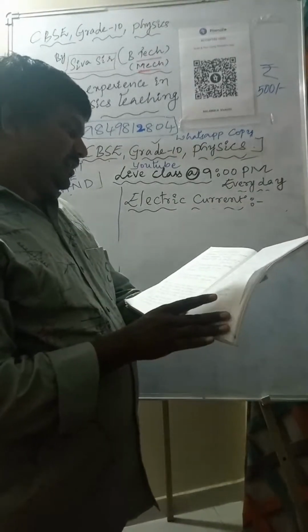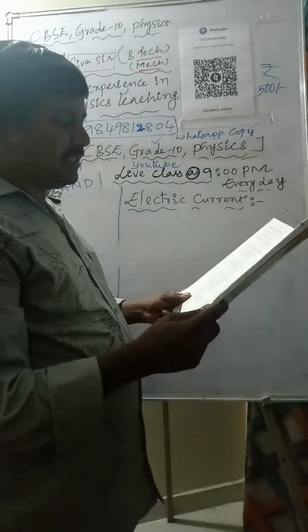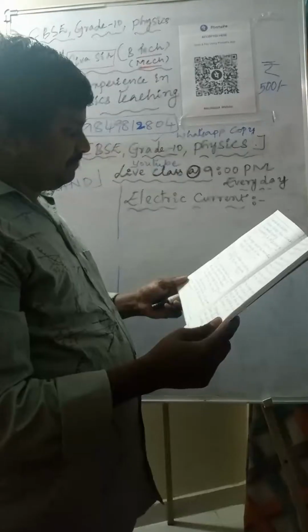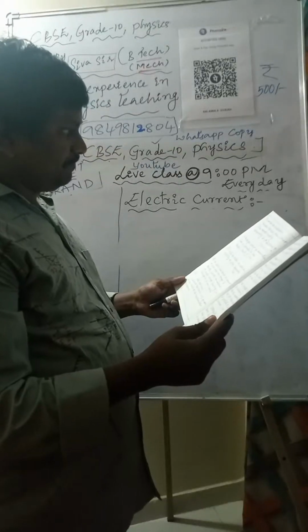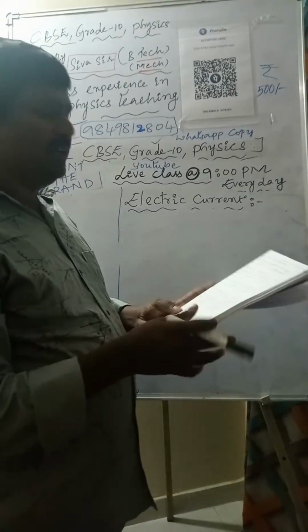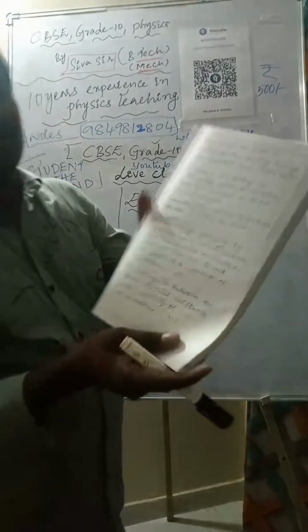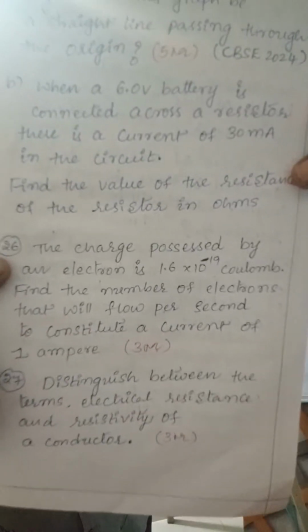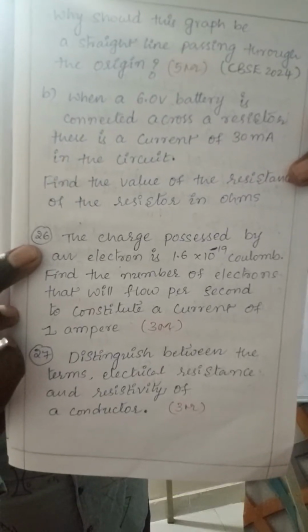The charge possessed by an electron is, yes, this is the question, the 26th question. I hope it is visible to you.